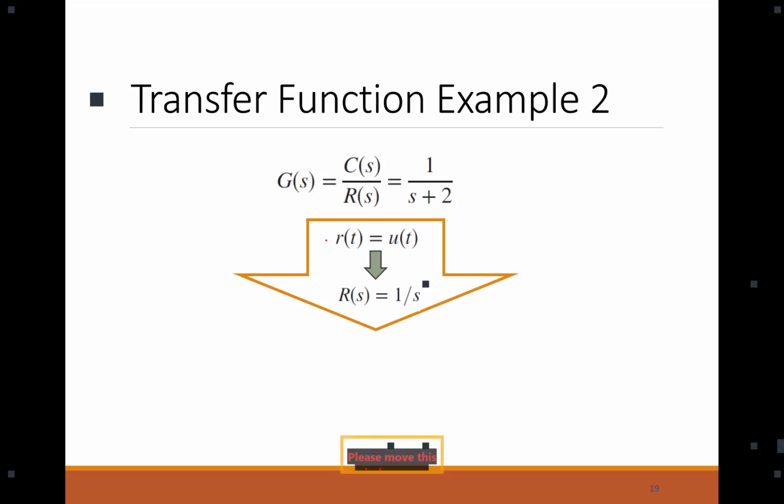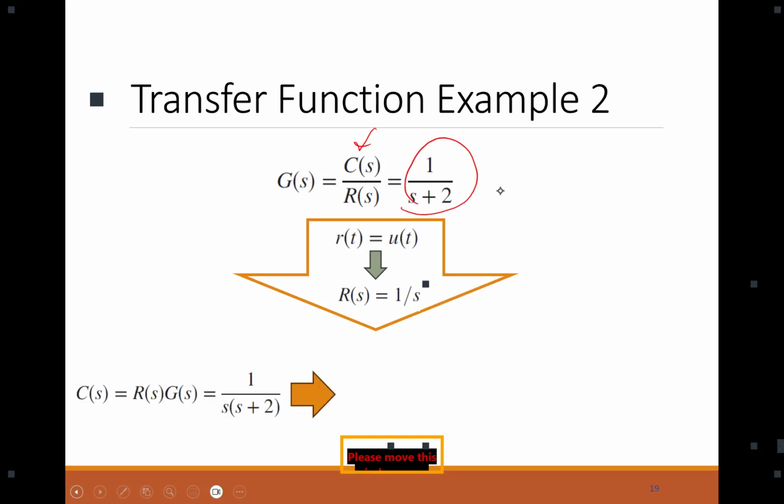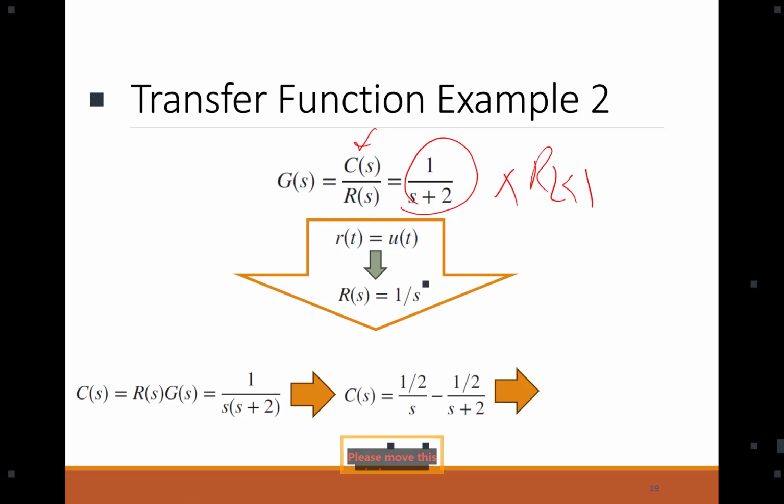So what would be the output when the R is 1 over s? What would be the C? It's simply that transfer function times R of s. Are we good? Is that clear? So if the output is R times the transfer function, that means in this example, our output Laplace equation is going to be 1 over s times (s plus 2).